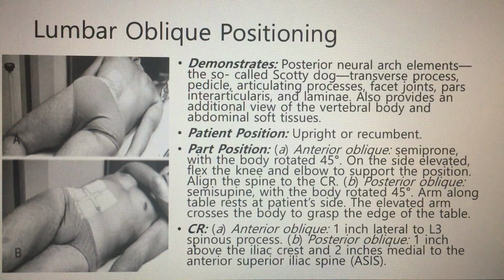Posterior oblique is for the same side of the zygapophyseal joint. Central ray is 1 inch lateral to L3 spinous process in anterior oblique, 2 inches medial to 1 inch above iliac crest in posterior oblique.